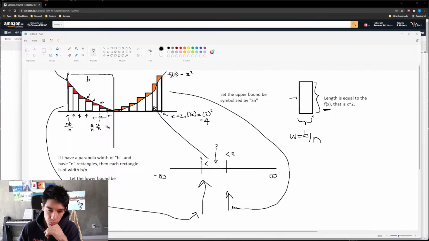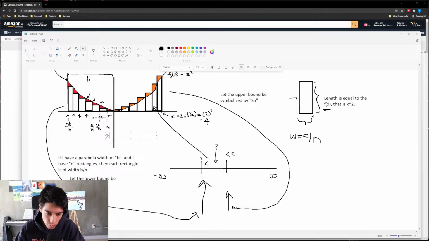So at this point, the height of this rectangle is b over n squared, right? If we were to write this out, this one would be b over n squared.